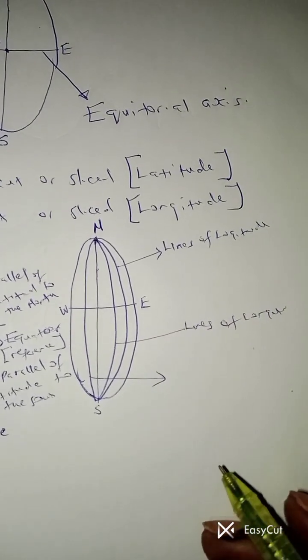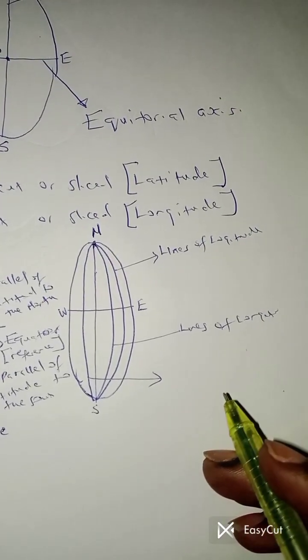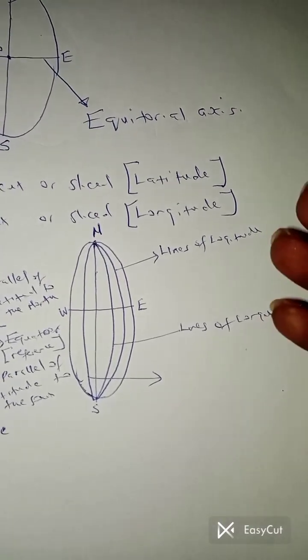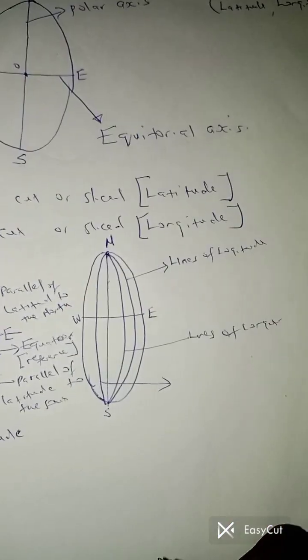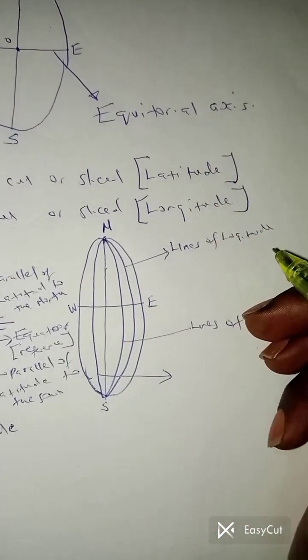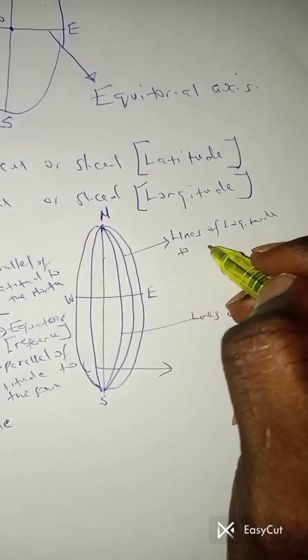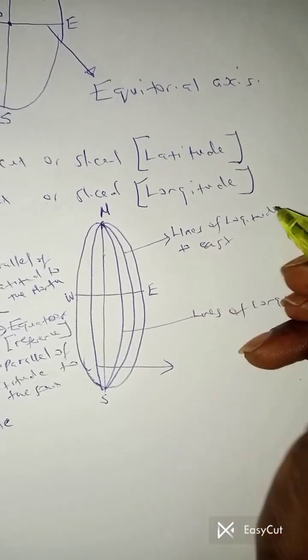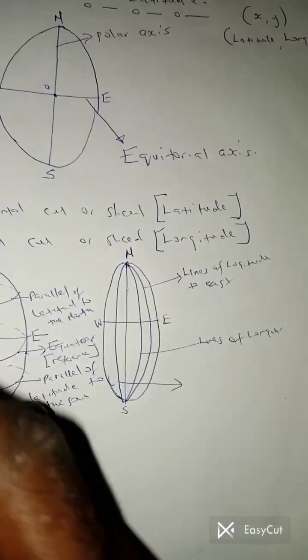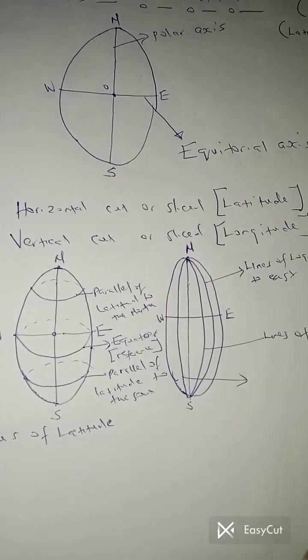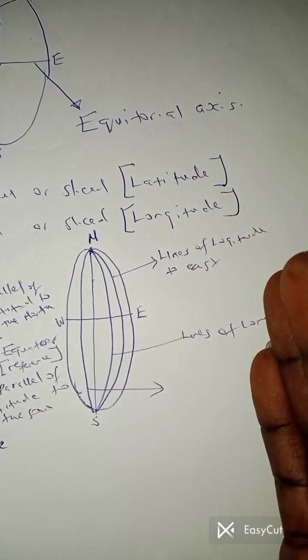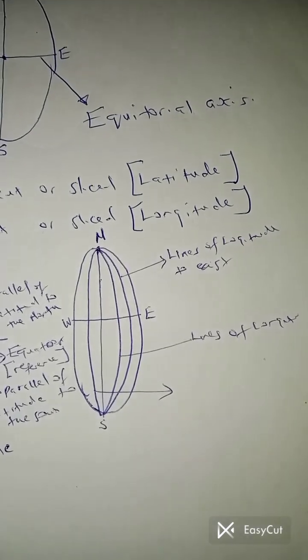So now, the lines of longitude can either be to the east or to the west, because they always face either east or west, just like the lines of latitude either face north or south.